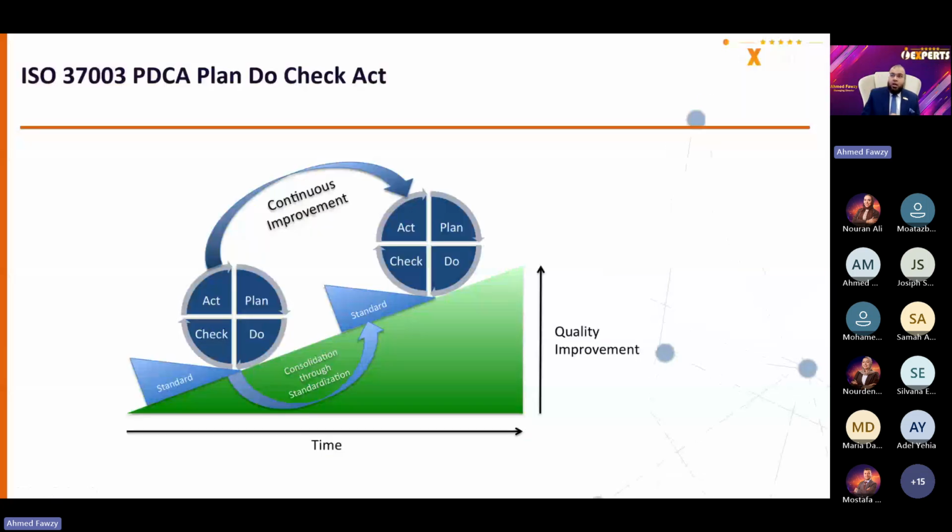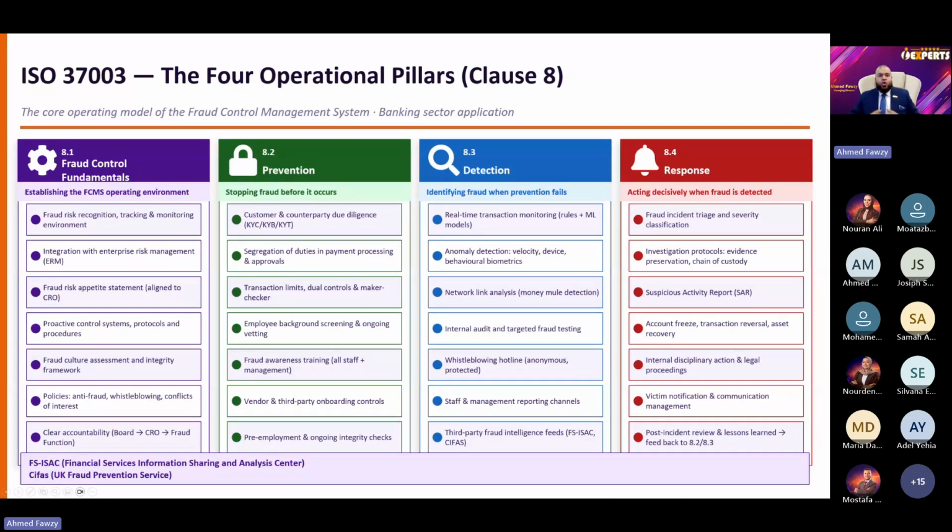Again, ISO 37003 depends on plan, do, check, act. Plan, do, check, act. You must enhance it year after year, month after month, day after day. You have to have this in place. Otherwise, you are just getting a certification, saying, yay, we got certified, let's celebrate our second surveillance for XYZ certification.